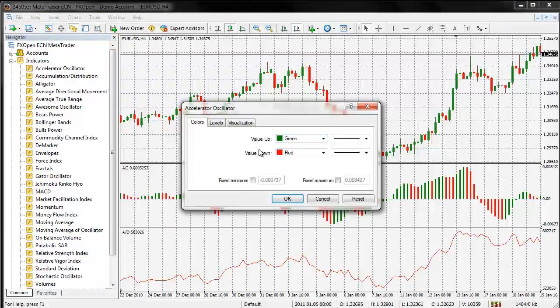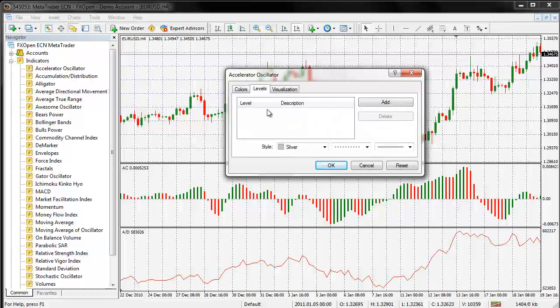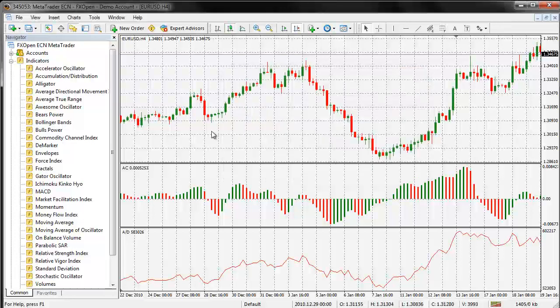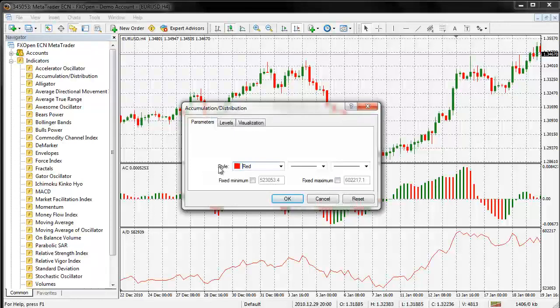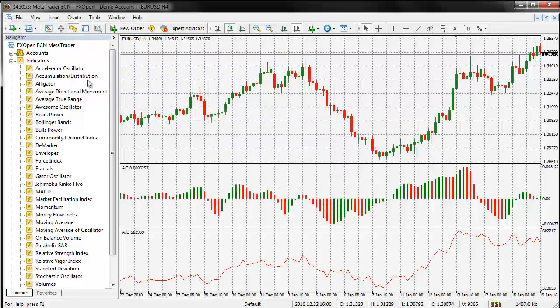To follow along, the colors should be: the value up green, with the second thickness grade, and the value down red. The levels and visualization are okay, so go ahead and plonk one of those onto the chart. The next one you want to put on there is the accumulation distribution. This will give you basically just a red single line. Levels and visualization are all just fine.